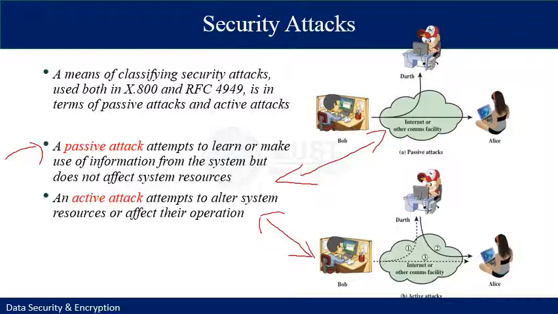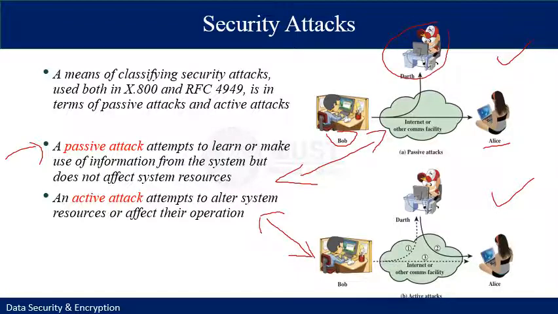So, before moving forward, I would like to ask you to take a look at these two pictures. In the passive attack, as you can see, a person, Bob, is communicating with Alice using the internet or another communication facility.